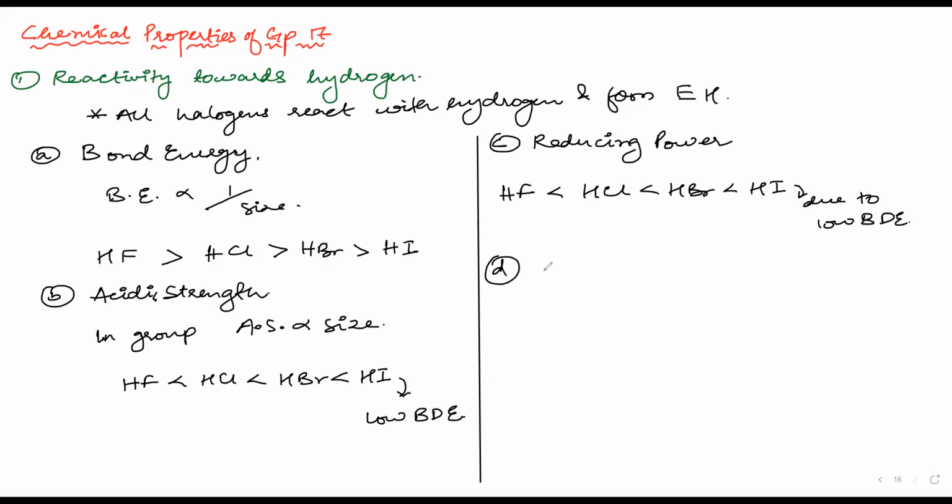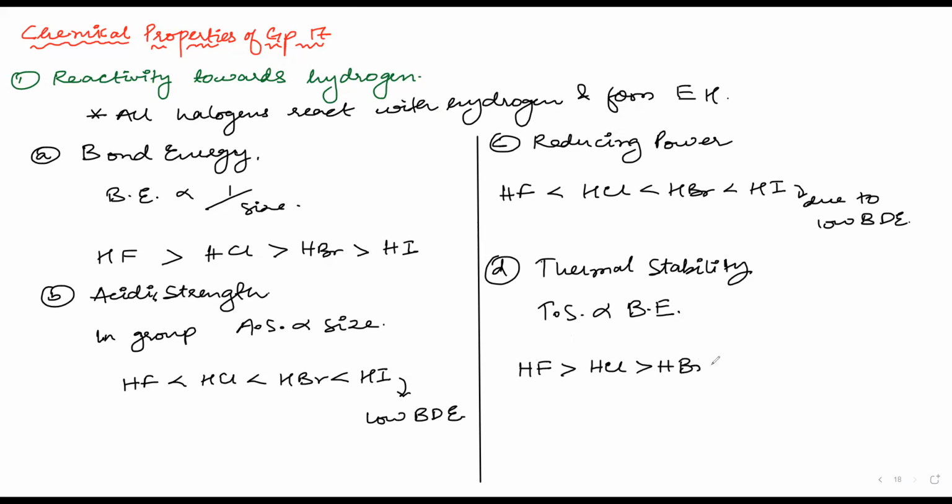Now this is thermal stability. Thermal stability, we have written it so many times, is directly proportional to bond energy. If something has higher bond energy, it will need a higher temperature to get dissociated or decomposed. So HF will have the most thermal stability, then HCl, then HBr, and the lowest will be HI.